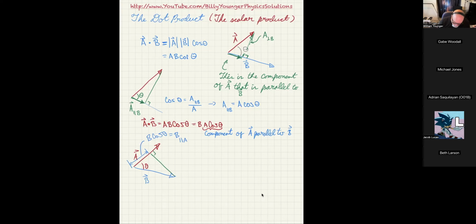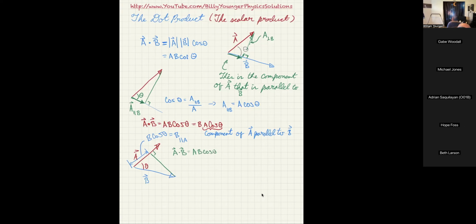Okay, so you could also say A dot B is equal to A B cosine theta, and then this part right here is the component of B parallel to A. Now, if you really wanted to get fancy and do the whole mathematics of getting exactly what the component parallel is, there's a vector that you'll learn about in linear algebra.